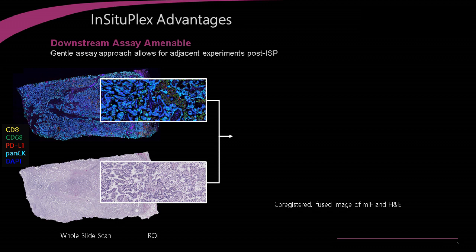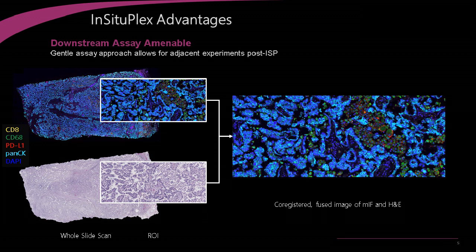Here you see an example of non-small cell lung cancer that has been stained in the upper image with the fluorescence, so with 4 markers, 5 colors. And in the lower panel, you see the corresponding H&E performed on the exact same slide.